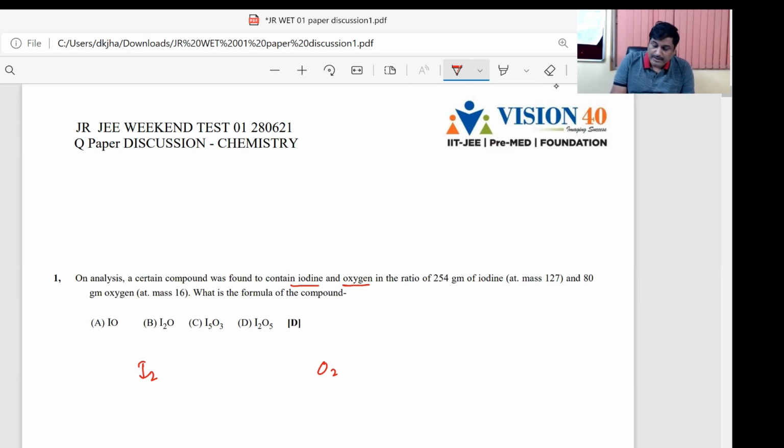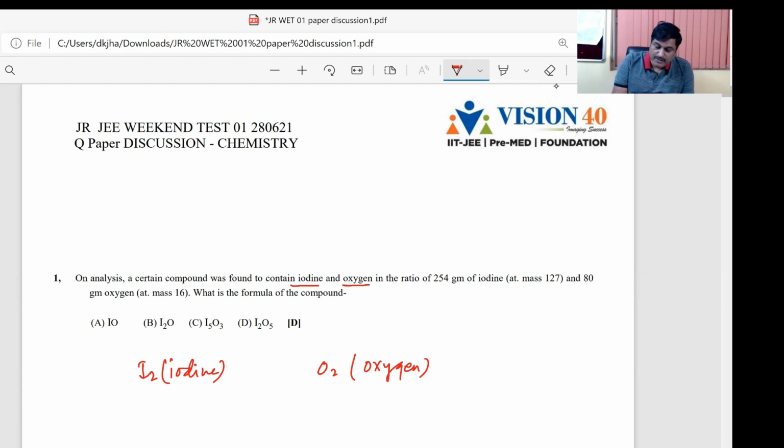It is given in the ratio of 254 gram of iodine to 80 gram of oxygen. Here, this one is iodine and this one is oxygen. When we say oxygen, we write O2. When we say iodine, we write I2.